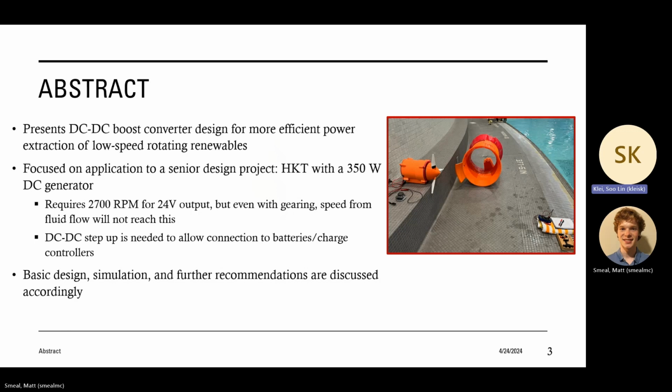This requires 2,700 RPM for 24-volt output, but even with generating speed from fluid flow, it will not reach this speed. A DC to DC step up is needed to allow connection to batteries/charge controllers. A basic design, simulation, and further recommendations are discussed accordingly.